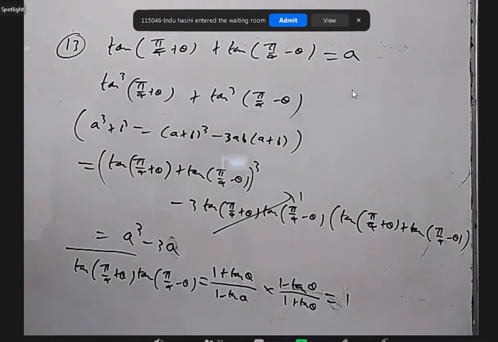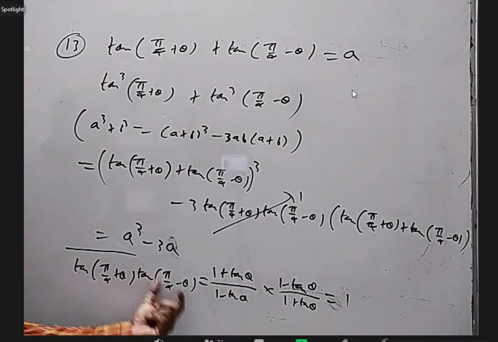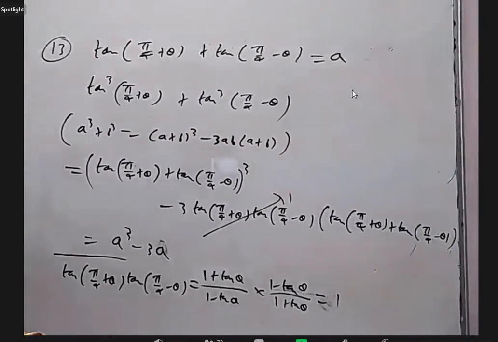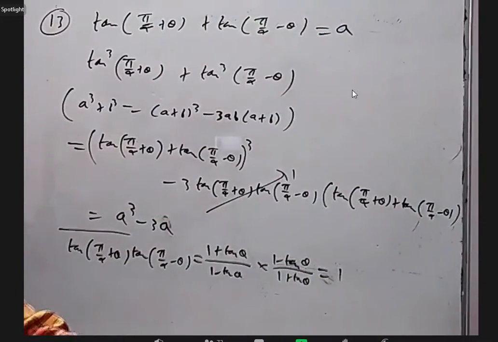What is the sum of these two angles, this inner angle and this inner angle? The sum is 90 degrees. So if I take tan alpha into tan beta and one of them is 90 minus alpha, the product will be 1.